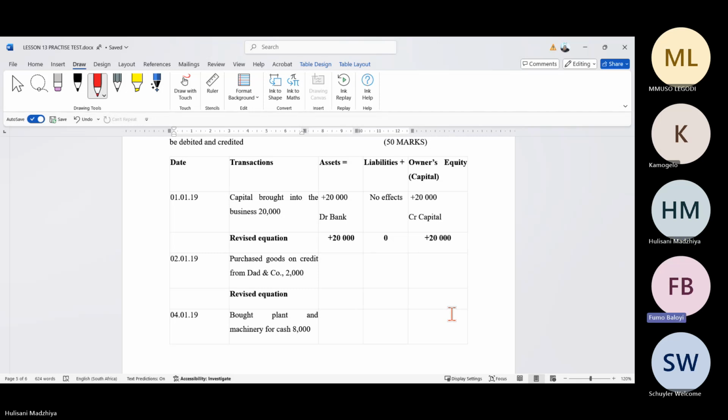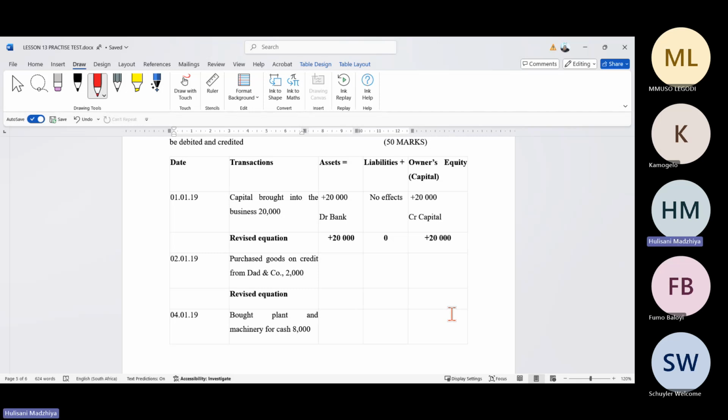So it would be a plus amount in liabilities. And then which other account? And minus on owner's equity. Minus on owner's equity. Which account on owner's equity is affected? Bank.